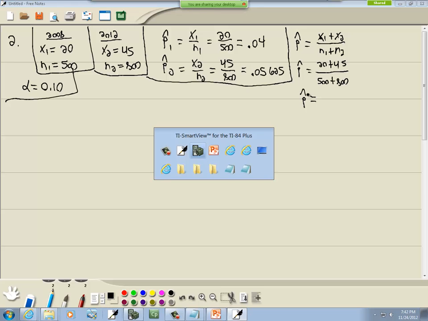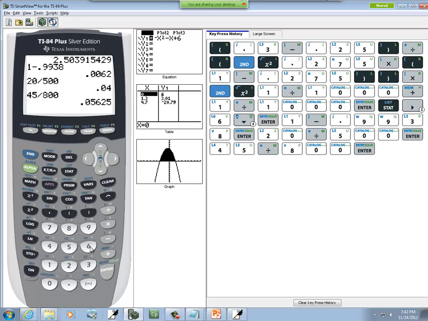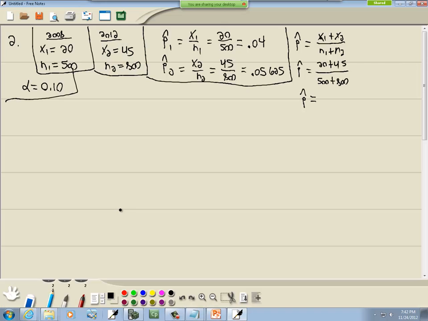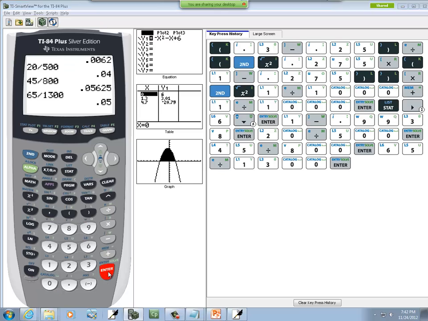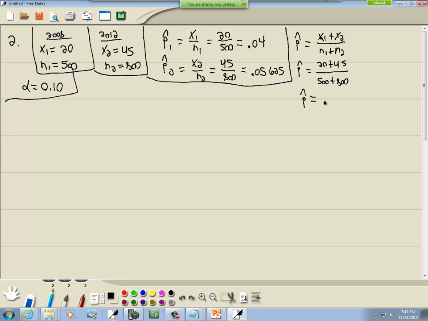So that gives us 65 divided by 1300, which is 0.05. That seems to come out pretty nice.